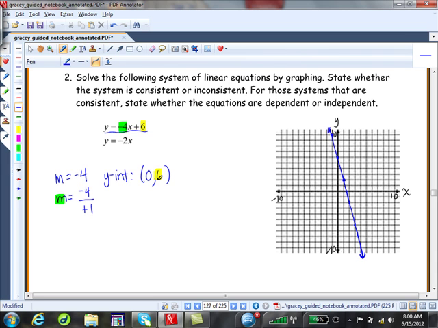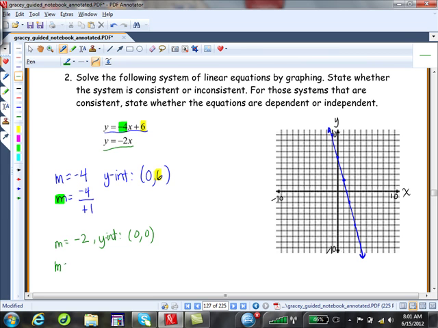Okay, so we've got the blue line, and then we'll do the other one in green. Okay, so this slope is -2, and the y-intercept is the ordered pair 0, 0, right? Because there's nothing added or subtracted to it, so it's 0, 0.